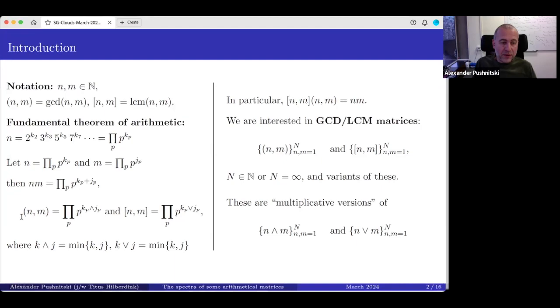The greatest common divisor corresponds to taking the minimum between K and J for every component p, and the least common multiple corresponds to taking the maximum between K and J for each prime p. In particular, from this formula, if you multiply the GCD and LCM, you get the sum of the smallest and the largest of K and J, which is the same as J plus K. So you get exactly the product nm, a well-known formula.